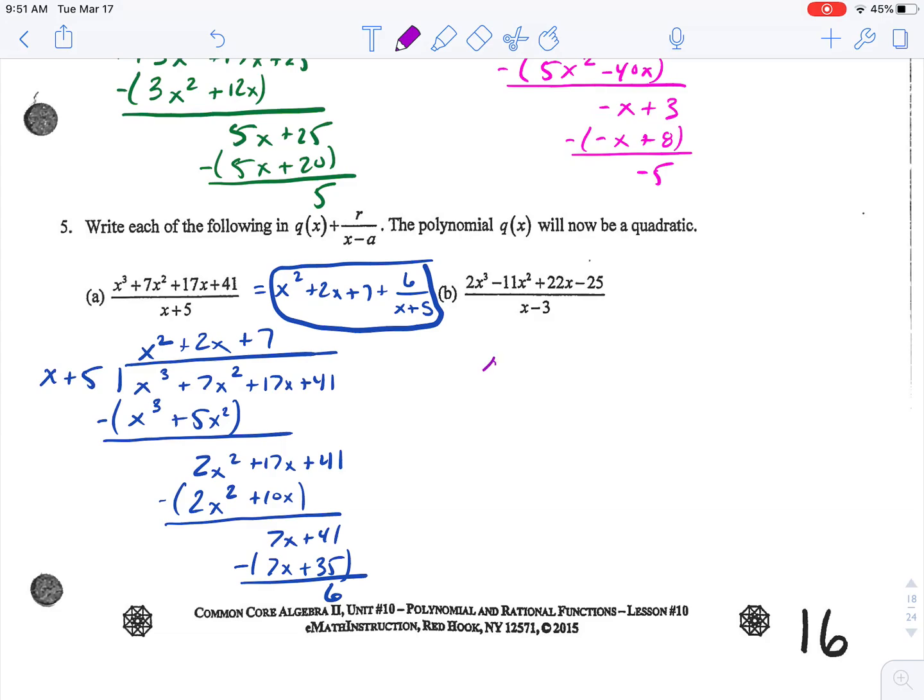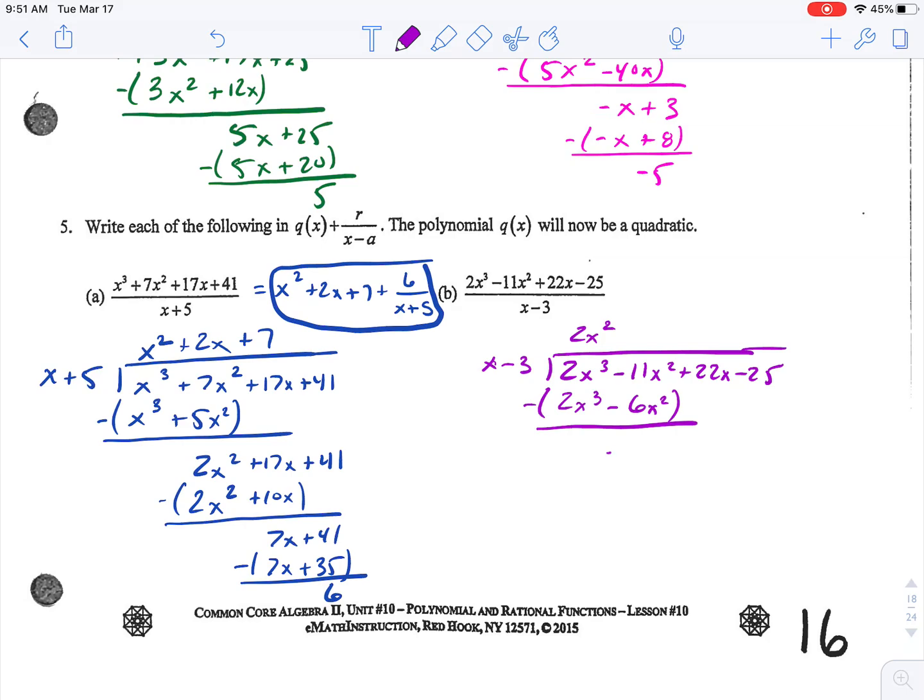And finally, okay, x times 2x squared gets us to 2x cubed, distributing 2x cubed minus 6x squared. Negative 11 plus 6, negative 5x squared. Let's bring the other stuff down. X times negative 5x is negative 5x squared.